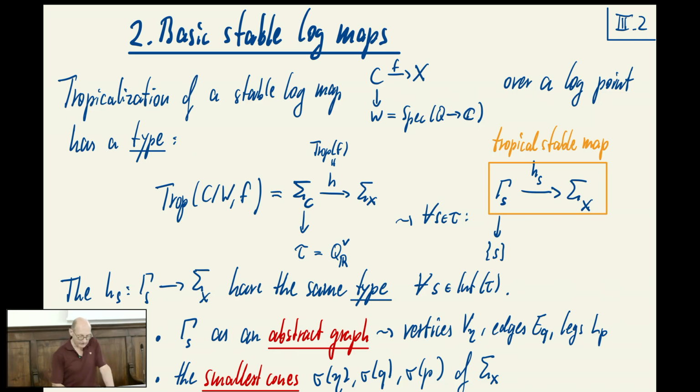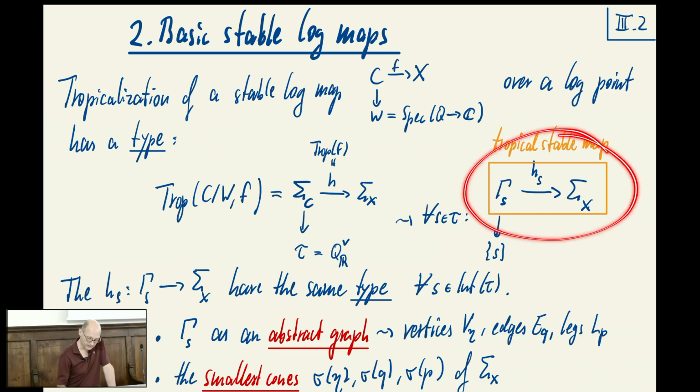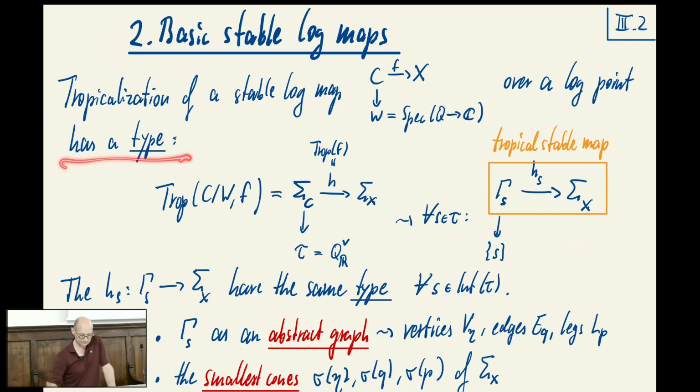Now, whenever you have such a map, a tropical stable map, it has a type. What's a type? The type is what you would naively think is data fixing the kind of discrete geometry of the situation. So what can we vary, what is left constant in varying this tropical stable map in a continuous family?